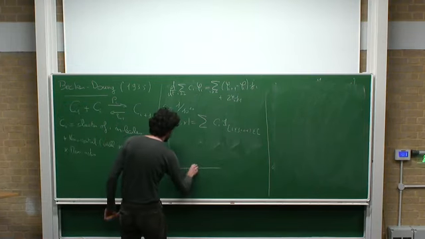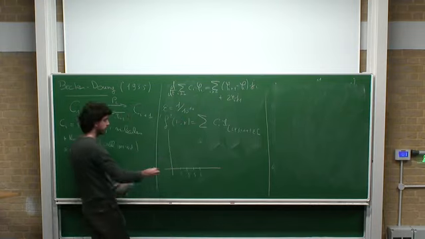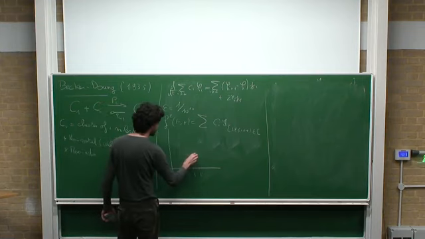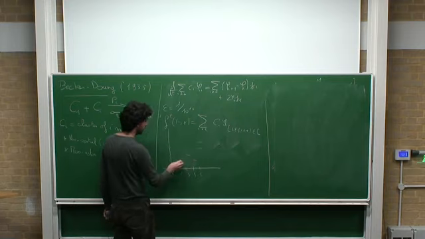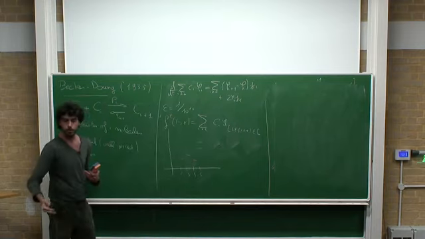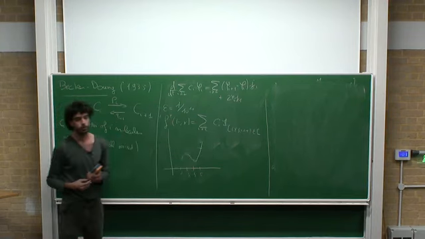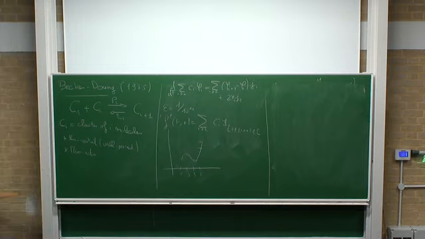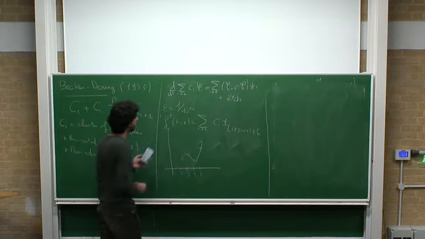You have size 2, 3, 4, 5. You put everything close together, and you have step functions like this. And if you let epsilon go to 0, you hope that this step function will be smooth, because the difference between the steps will be small.